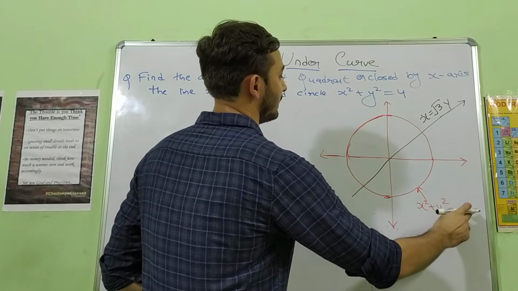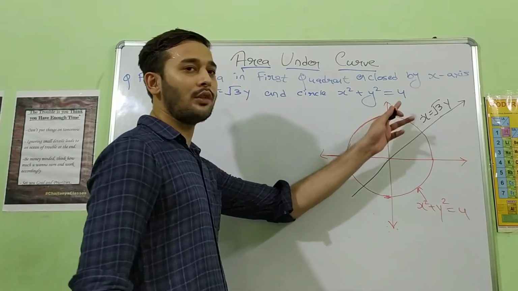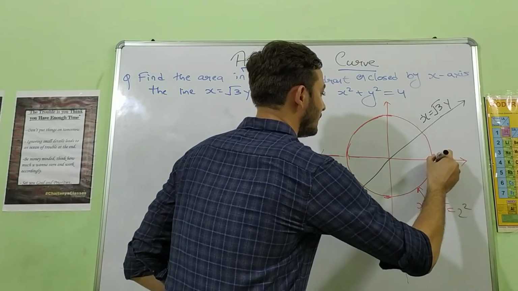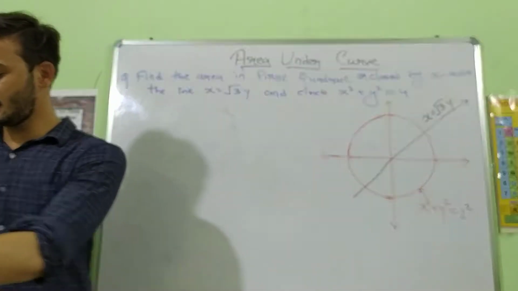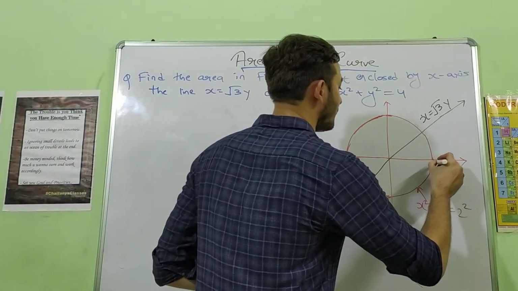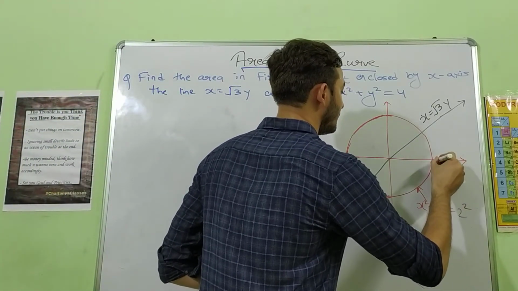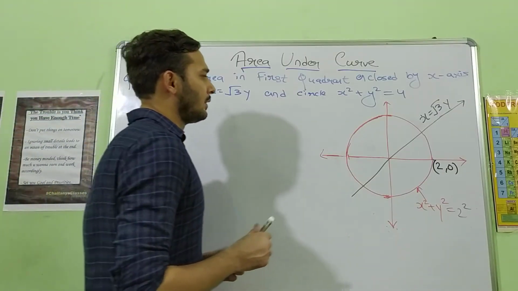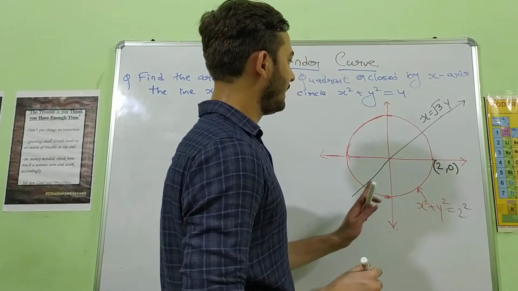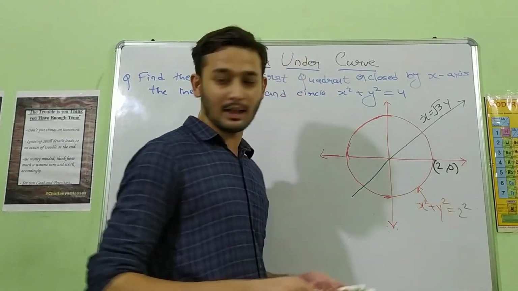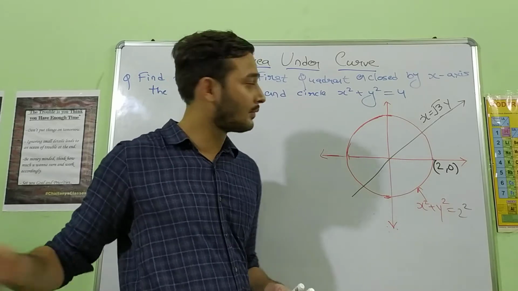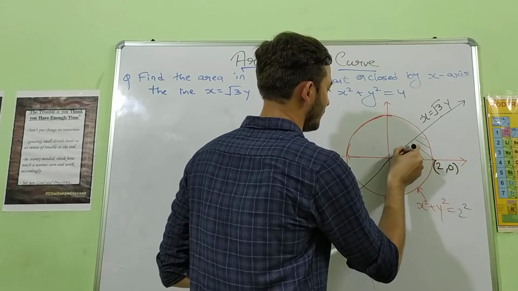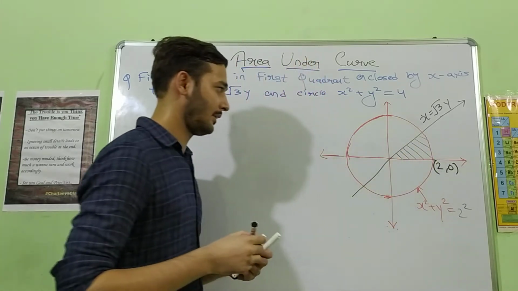The circle x square plus y square equal to 4 can be written as 2 square, so the radius will be 2. So this point is nothing but 2, 0. Am I right? Now this is the area which I need to find.